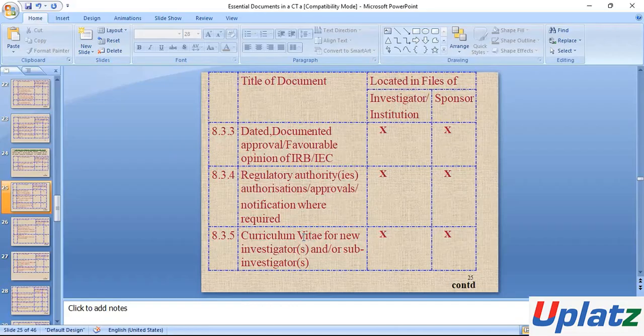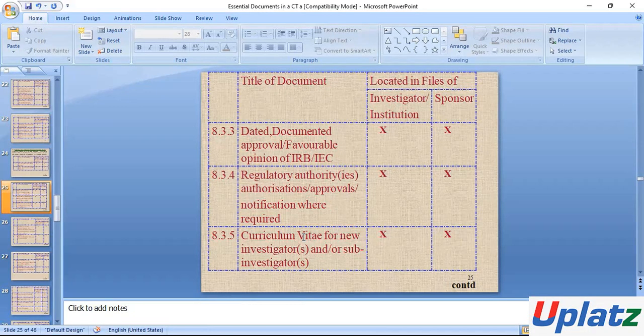During the conduct of the trial, if any new investigators or new personnel are added to the trial, the latest CV should be available for all those personnel. Also, if there are any updates to the curriculum vitae during the course of the trial, each year at a fixed time, the updated CVs should be uploaded.